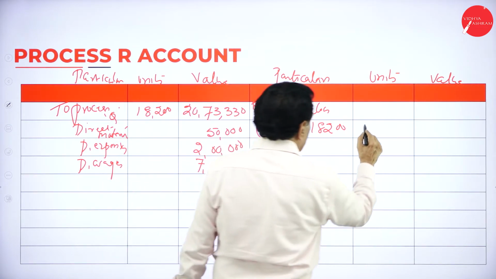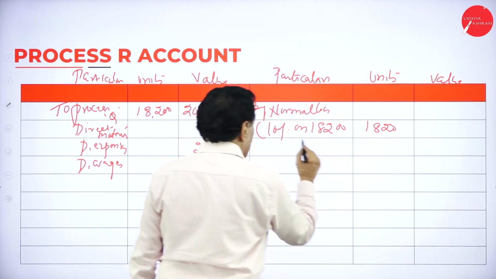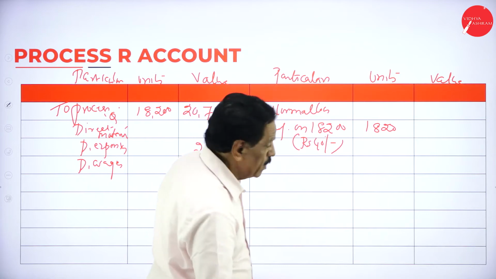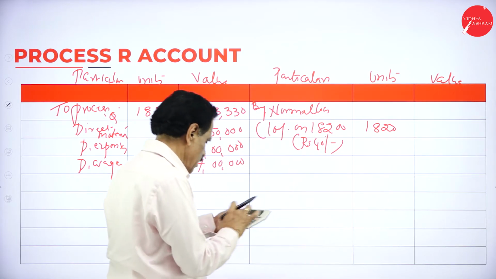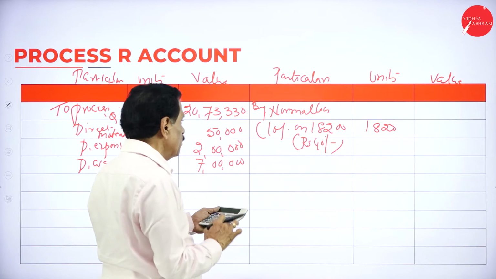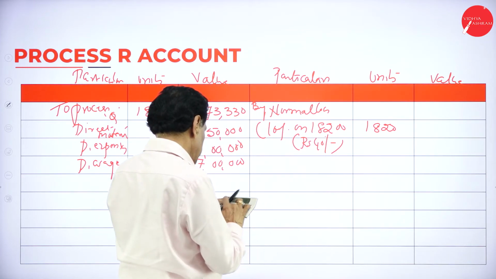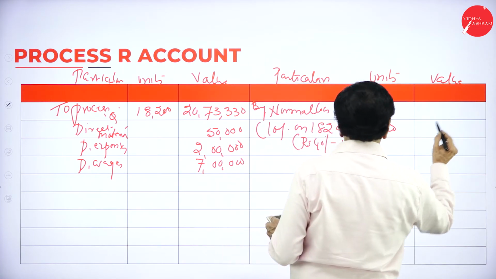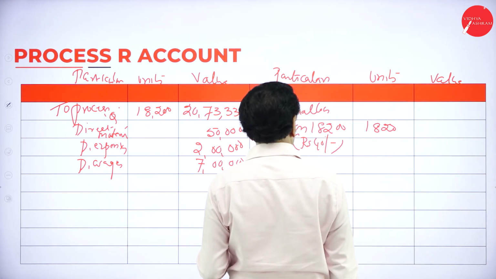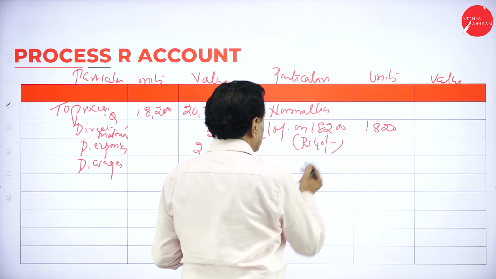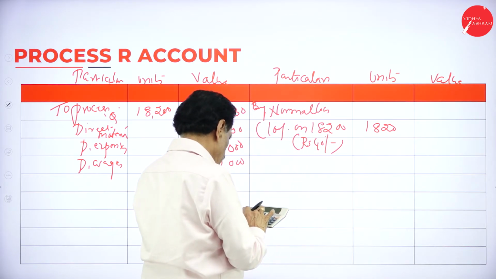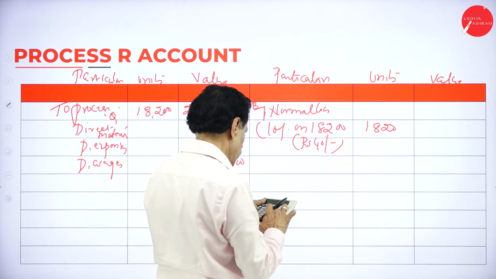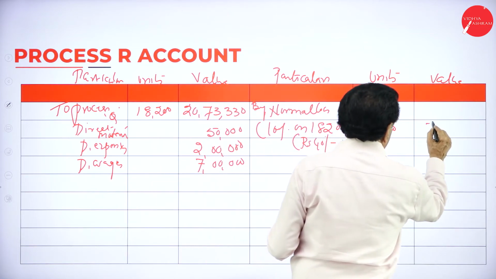So 10% gone, 1,820 units at rupees 40. 1,820 into 40 is 72,800.